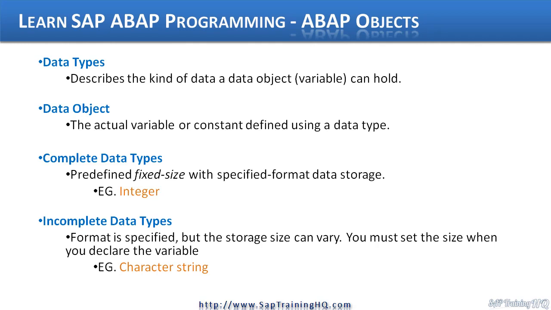So for example, if we use a character string, the ABAP data type C, we have to specify how big we want that variable to be. Now with the character string, there is a default of 1 character if we don't specify a size. But in general, we have to specify how large we want that variable to be.